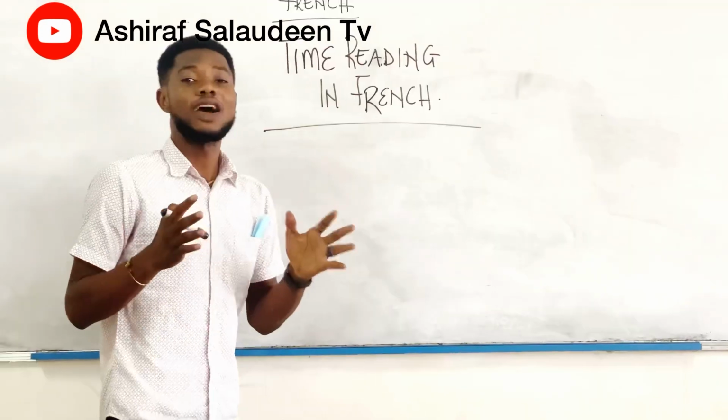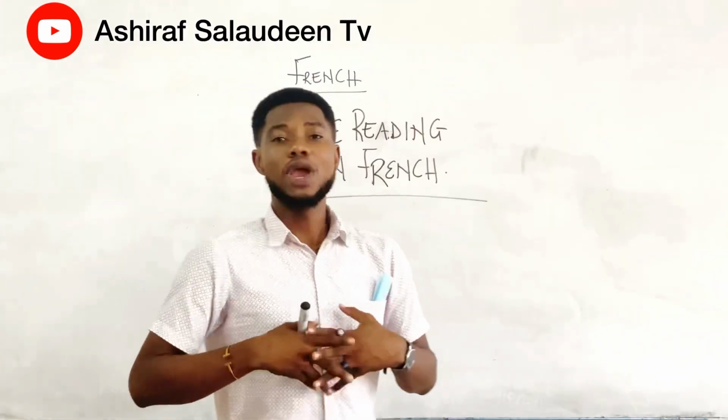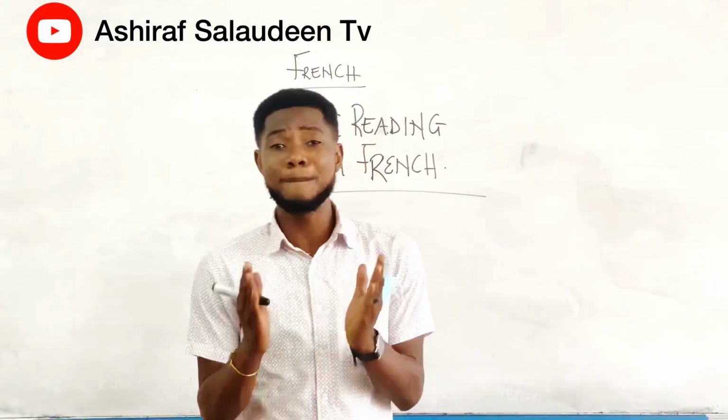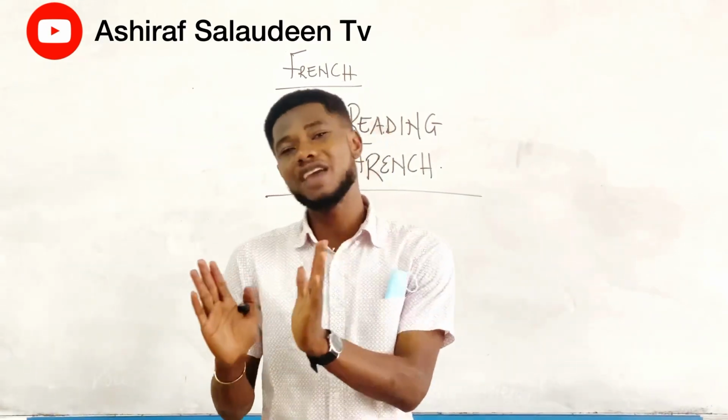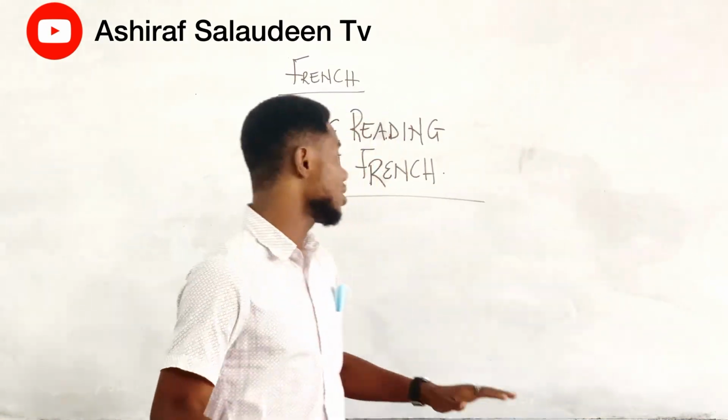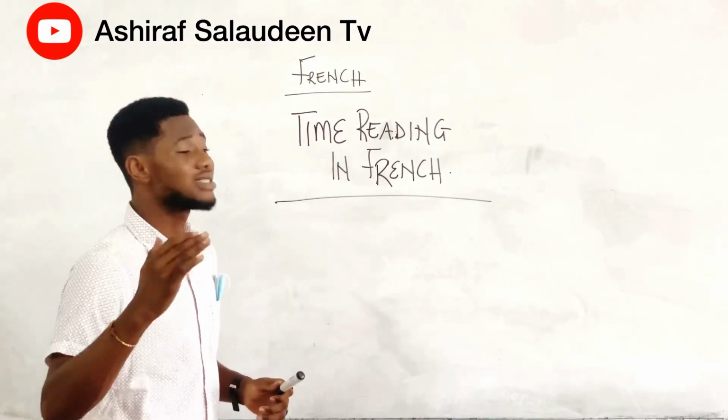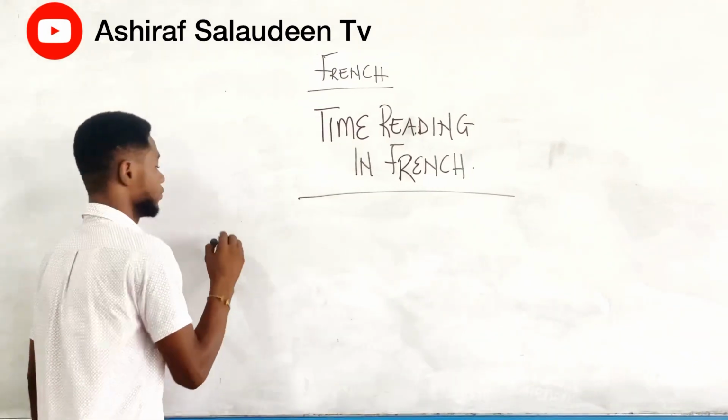Now in telling the time in French, we are going to make use of the numbers we have learned in our previous lectures. Then some terms that we use when it comes to time telling in French.